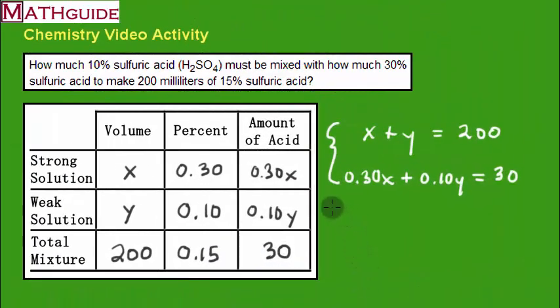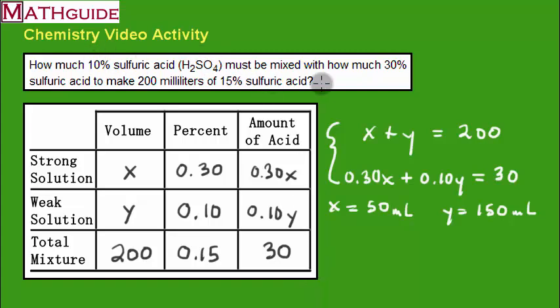The calculator just gave us some answers, and these are the two values it gave us. It told us that x is 50 and y is 150. Now remember, these stand for volumes, so our volumes are in milliliters.